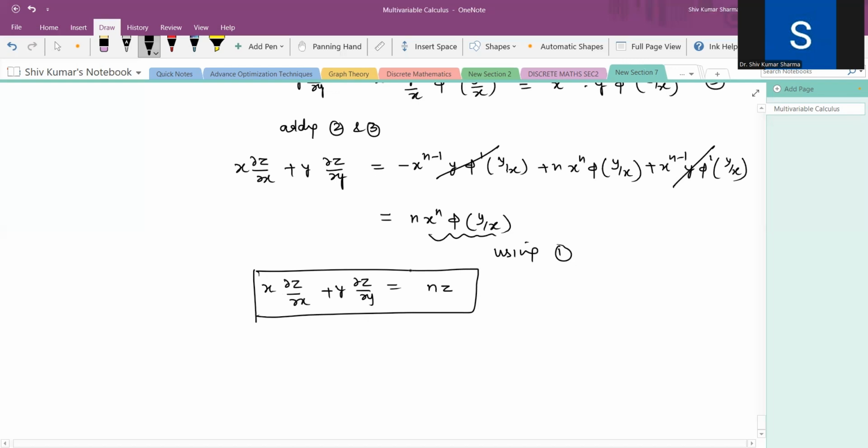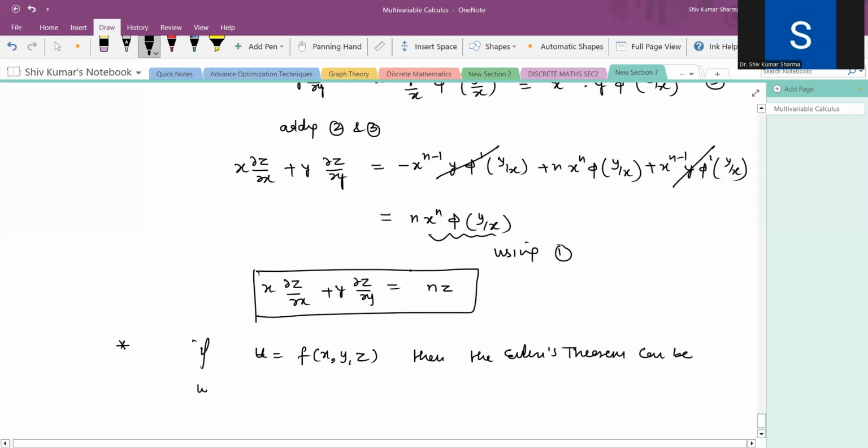We can extend Euler's theorem to three variables. If u is a function of three variables x, y, z, then Euler's theorem can be written as x del u upon del x plus y del u upon del y plus z del u upon del z is equal to n u.